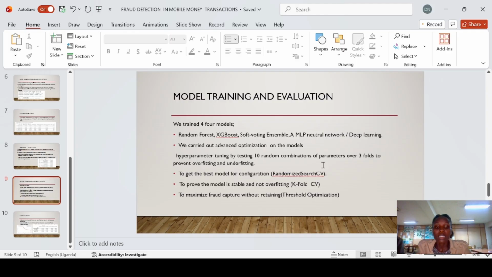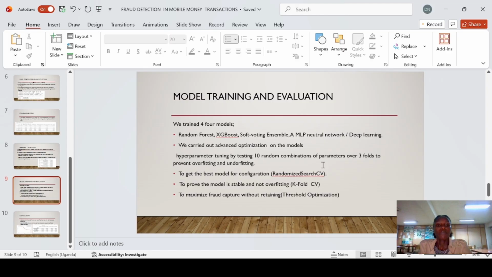In practice, this means the model becomes more sensitive to potential fraud, which is desirable because the cost of missing a fraudulent transaction is often much higher than investigating a false alarm.